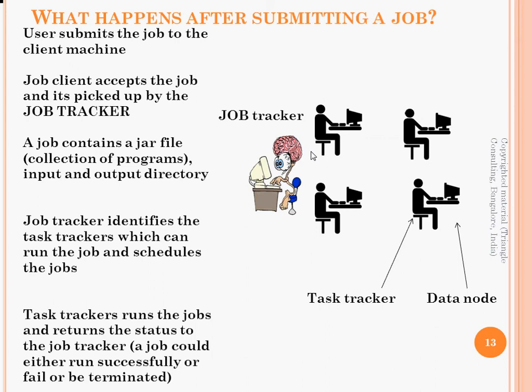So if you have the original file filled with numbers of 200 MB size divided into 4 input splits, and your program is submitted to add up the numbers in each file, those programs will be run exactly on those data nodes which have those file splits located. So the job tracker's basic functionality is to identify those data nodes where the input file corresponding to the job is located and make a copy of all those jar files and make sure that they are run.